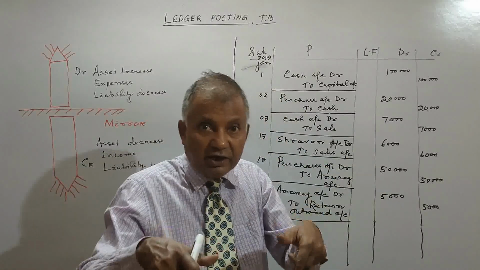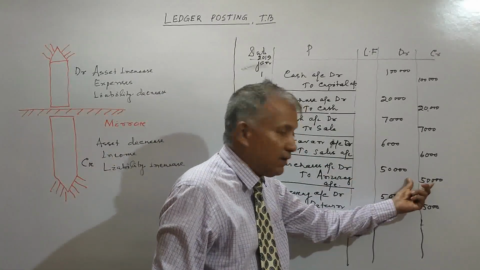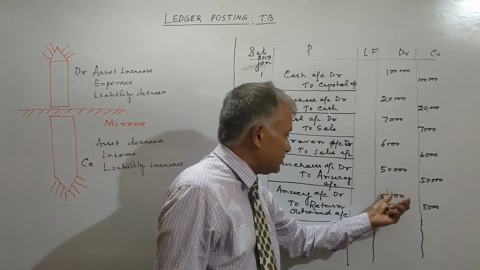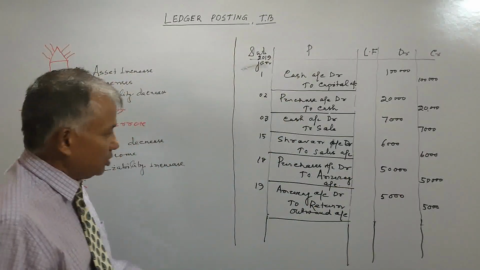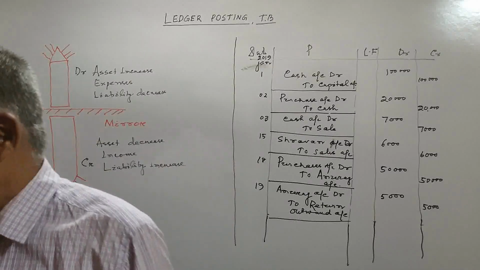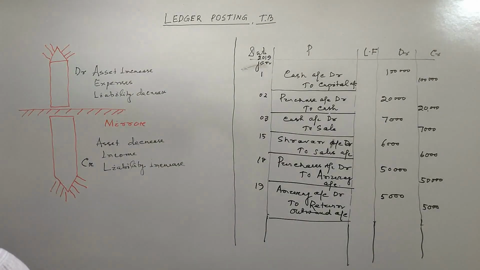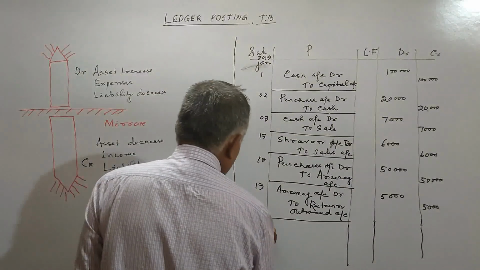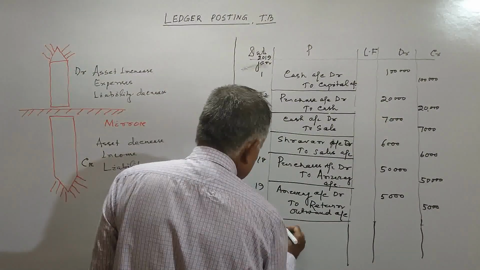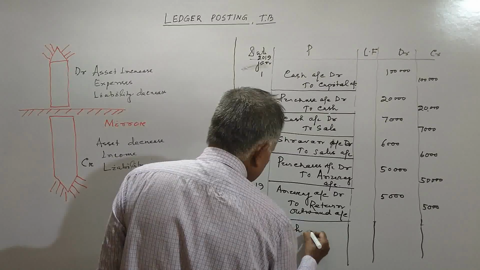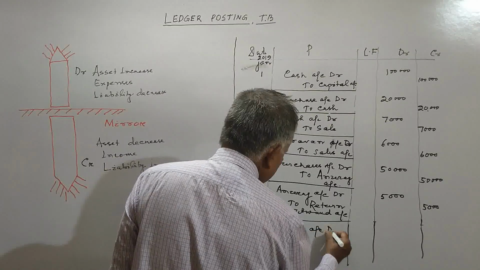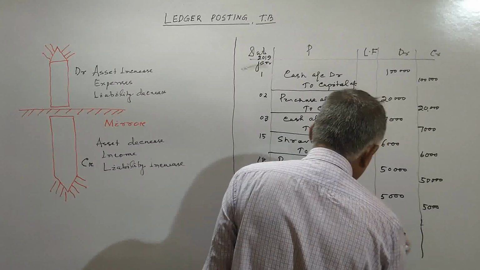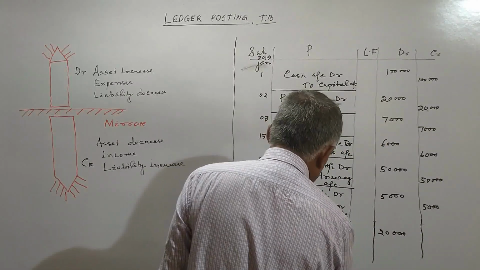And Anurag, when we have purchased, Anurag was credited. When we are returning, Anurag was debited. So this is on 19th. Then comes the 20, goods sold for cash on 20. That is your cash sale, cash account debit 20,000 to sales account.